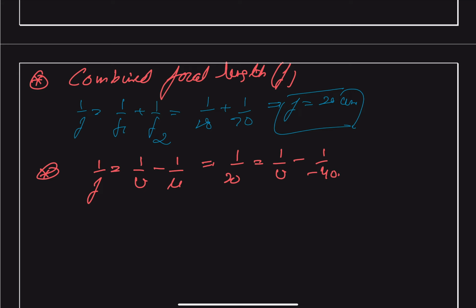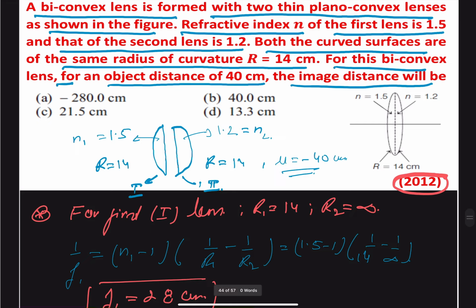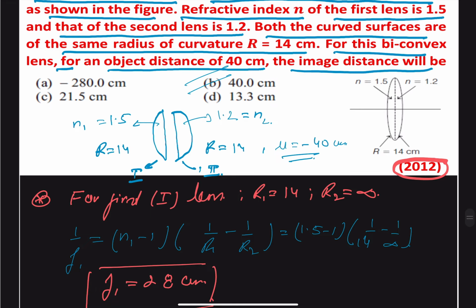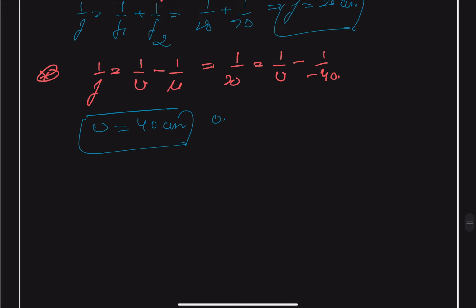So this gives us that our v is equal to 40 centimeters. So this is the image distance, and option B is the correct one.